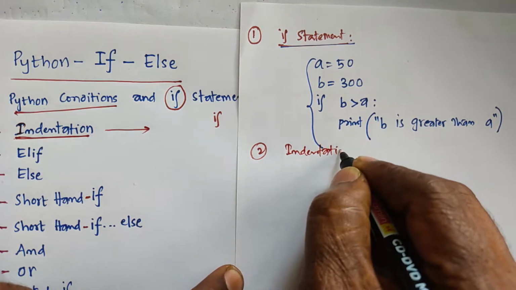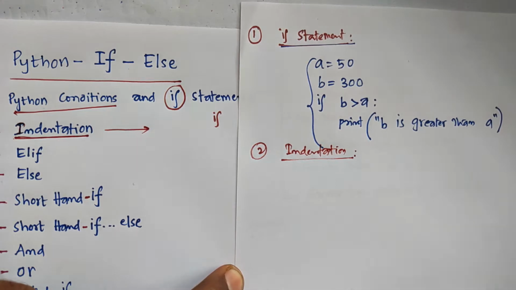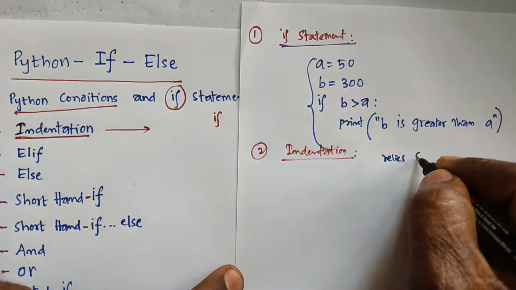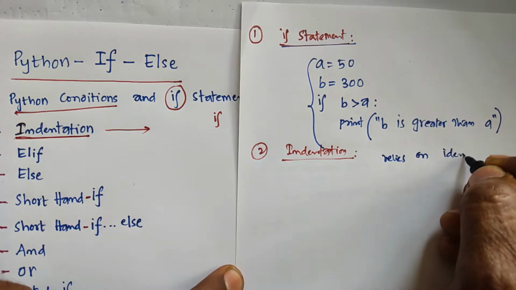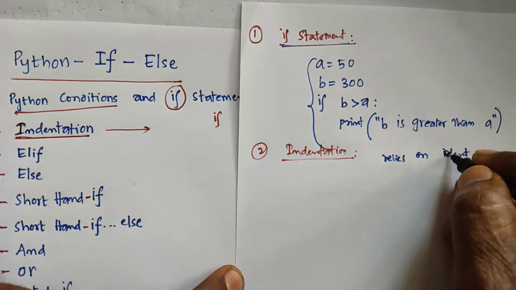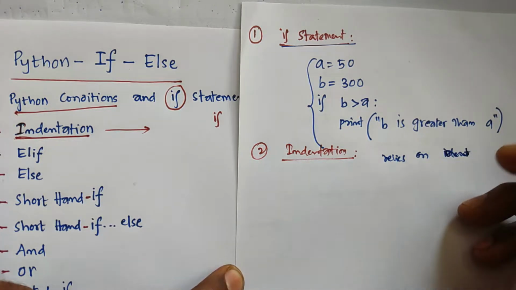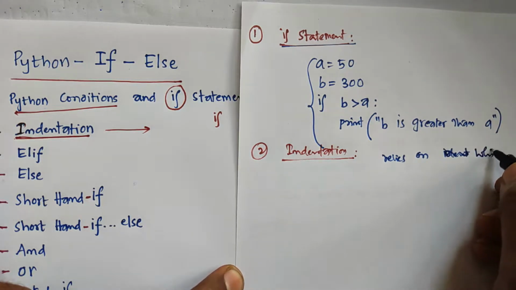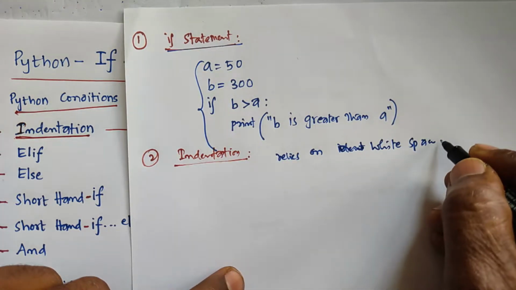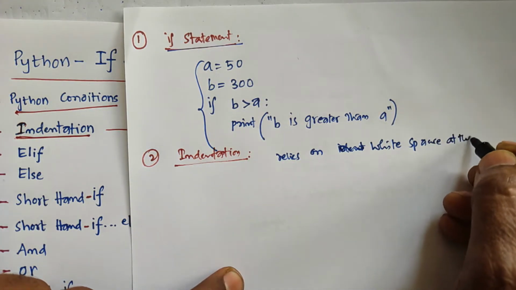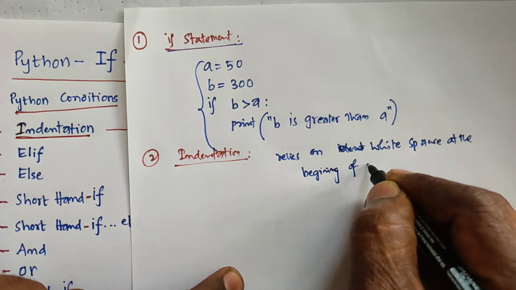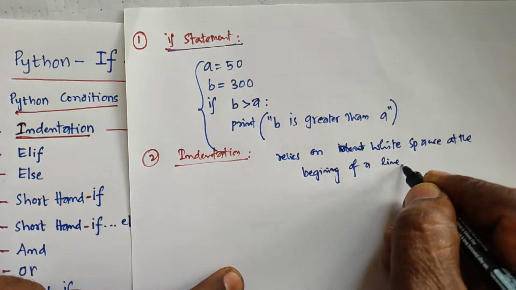Indentation is purely based on, or relies on, white space at the beginning of a line. That is the main role of this.